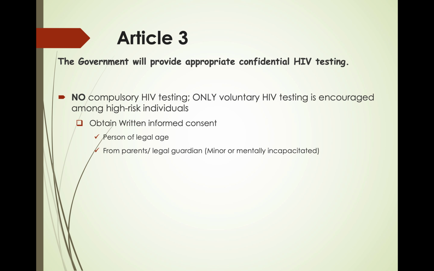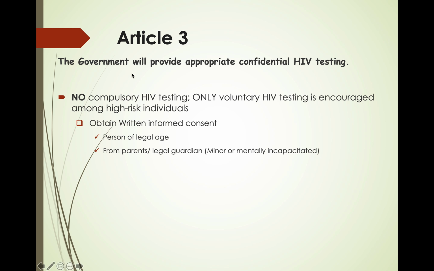So aside from that, also included in your Article 3 is that no compulsory HIV testing should be done. Only voluntary HIV testing is encouraged among high-risk individuals. They should obtain written informed consent from a person of legal age, and from parents or legal guardian for a minor or mentally incapacitated.